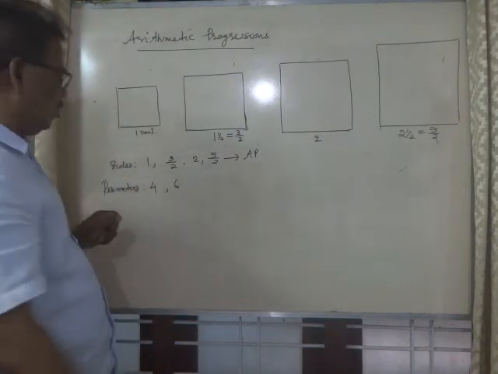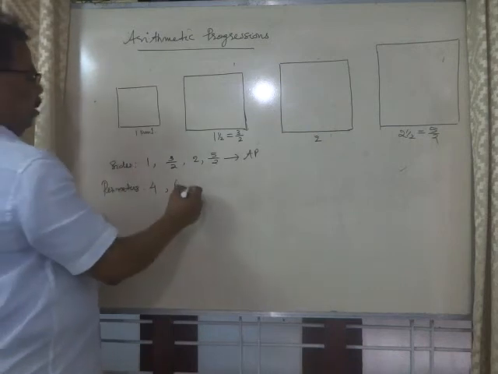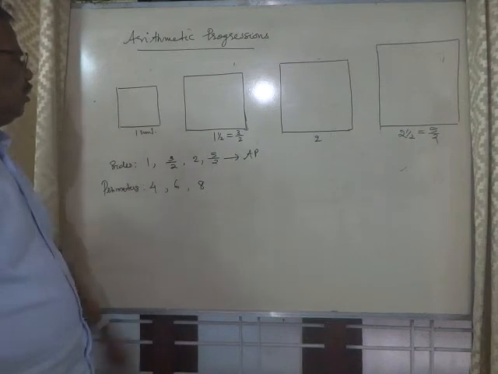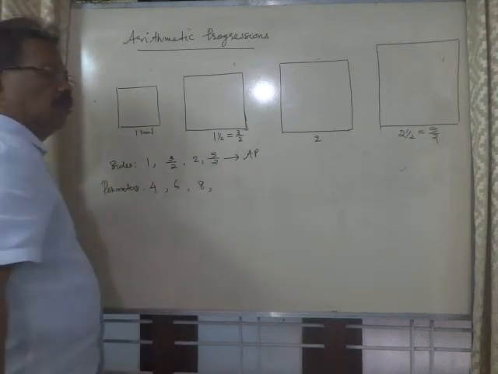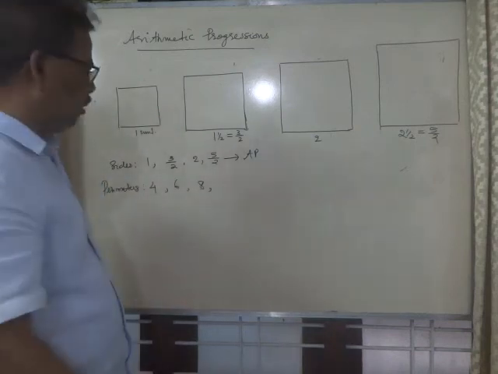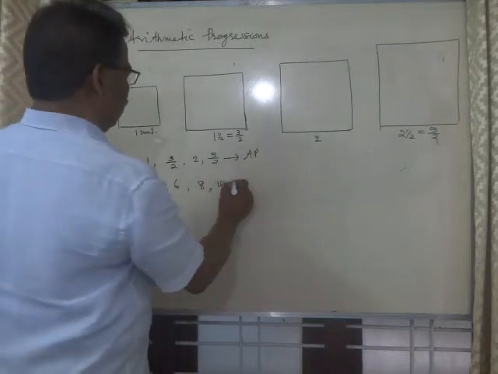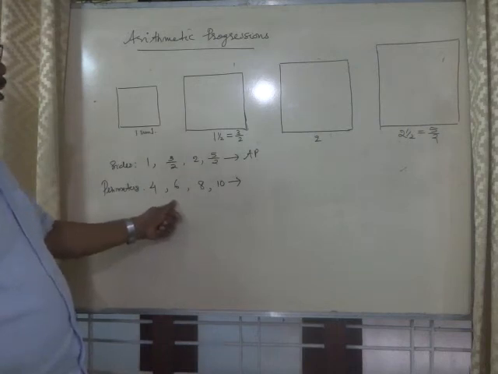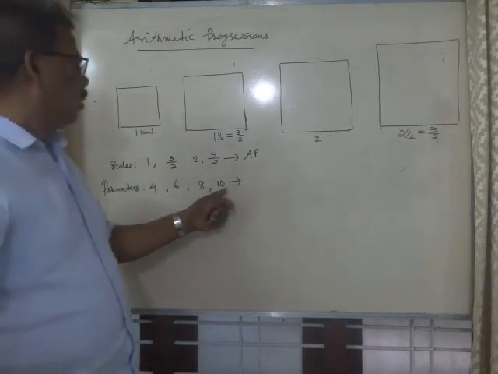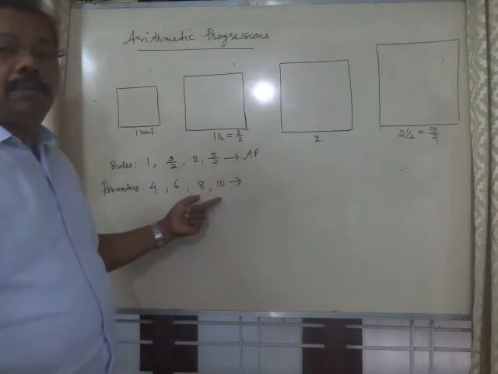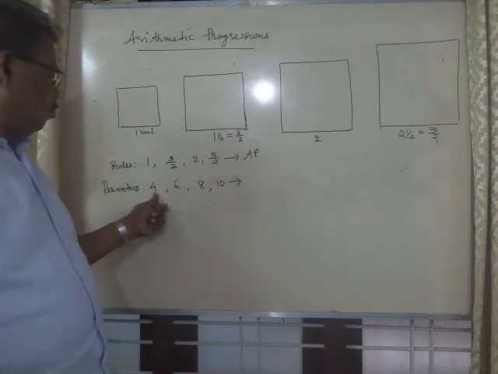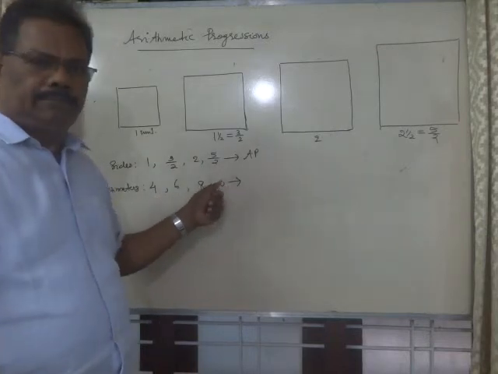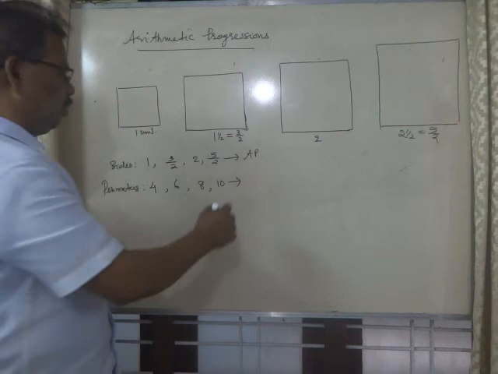Then here it is 8, 4 into 2. Here it is 4 into 2.5 or 2 and a half, that is 10. These terms 4, 6, 8, 10 form an AP with the starting term 4 and the common difference 2. So this is an AP.